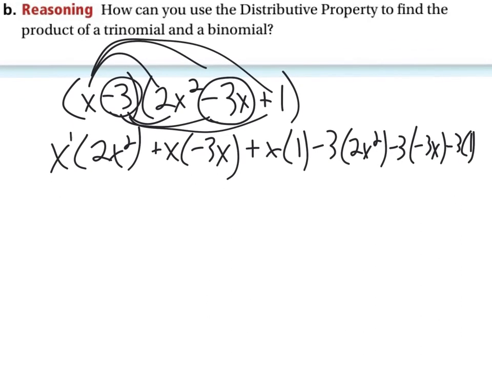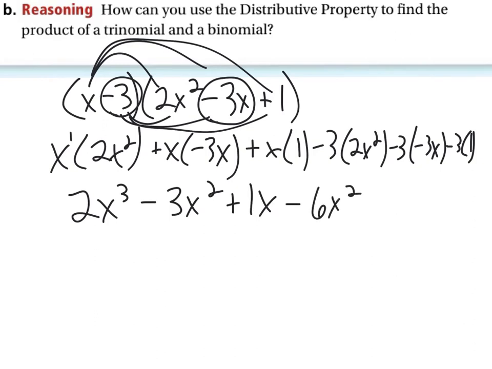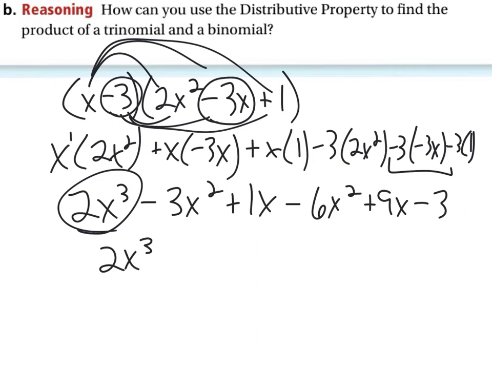All right, so first part here we'd have 2x cubed minus 3x squared plus 1x minus 6x squared. This would be plus 9x minus 3. We'll look for like terms. We've only got one x cubed term.